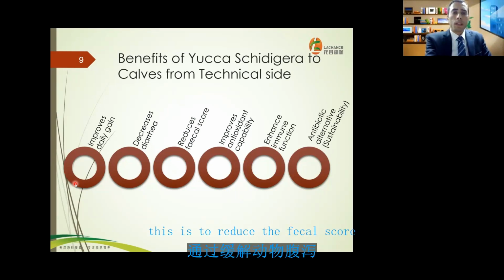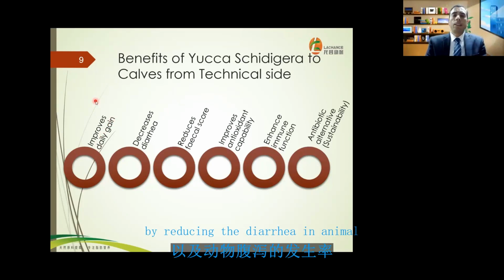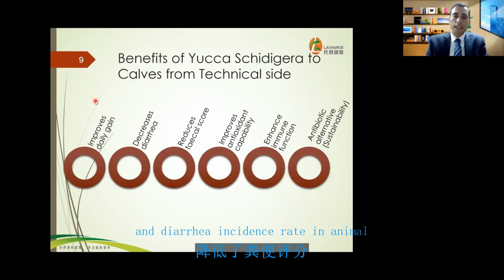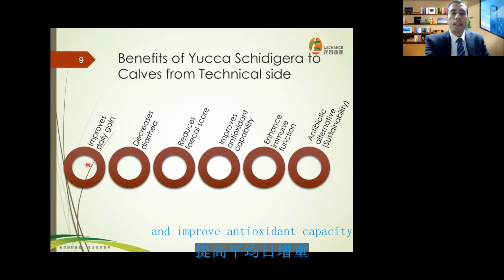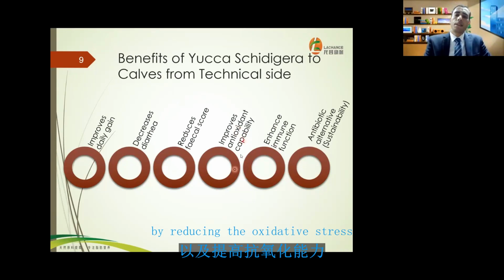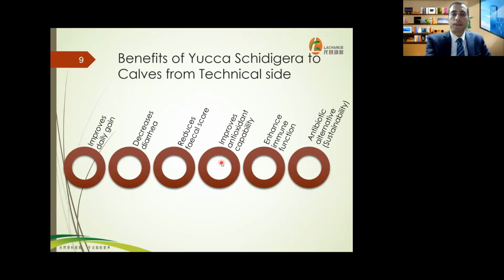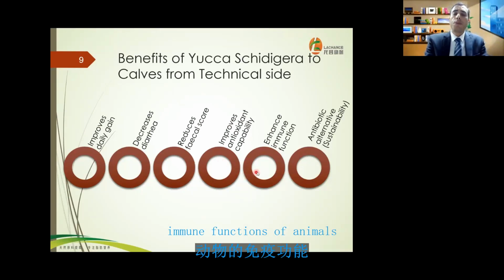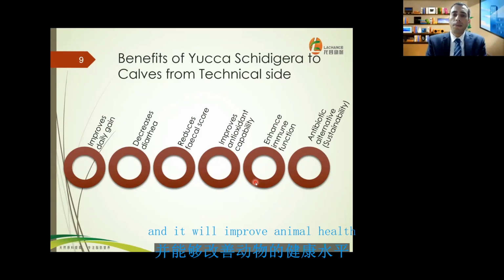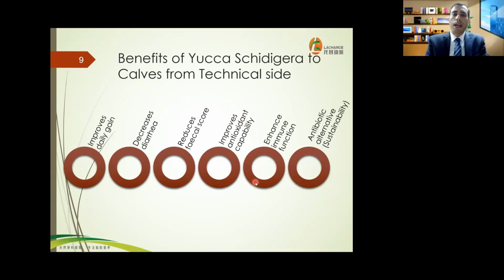The main point is to reduce the fecal score by reducing diarrhea and the diarrhea incidence rate in animals. This leads to improved average daily gain and improved antioxidant capacity by reducing oxidative stress. All this together leads to improved immune function and improved animal health.